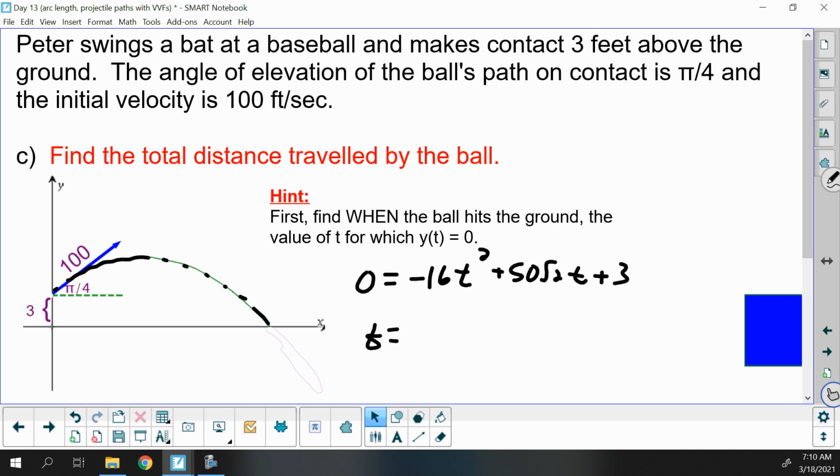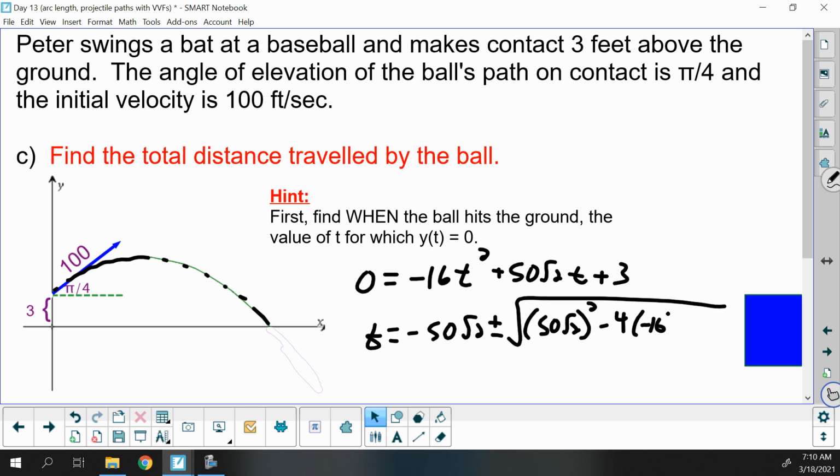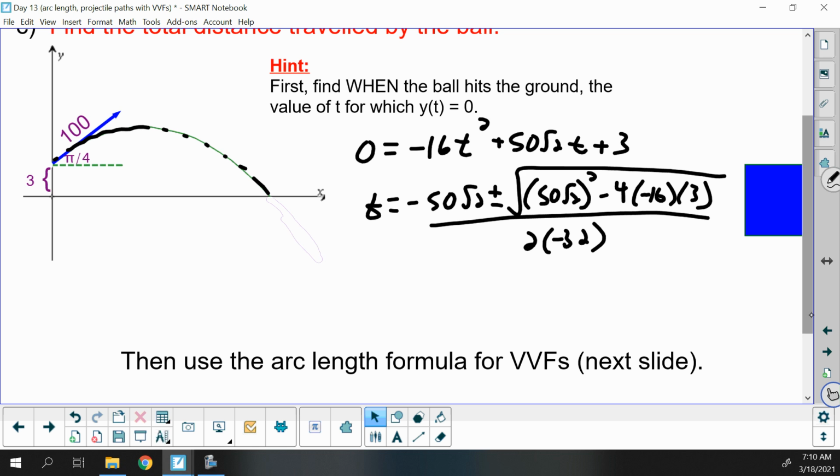t is going to equal negative b, so negative 50 square root of 2, plus or minus the square root of b squared, so 50 square root of 2 squared, minus 4 times our a times our c, and we're all over 2 times our a. So that value of t, when we sub it in, we'll get two answers.